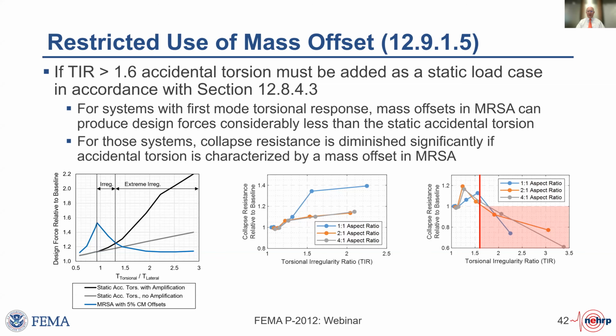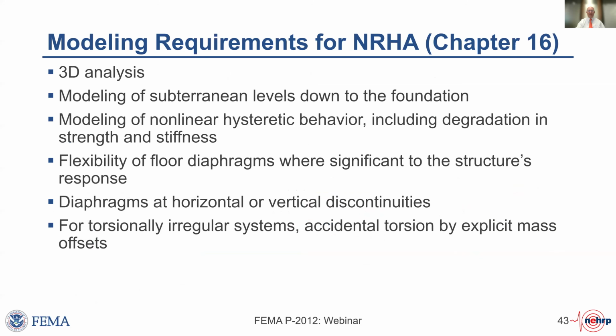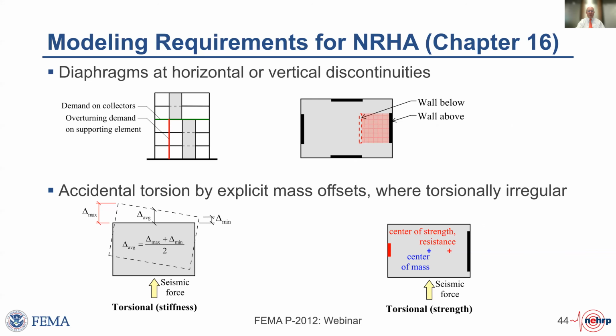So there are some limits that say you actually have to use a static characterization of accidental torsion in some instances. And I won't go through all of the detailed modeling requirements for nonlinear response history analysis. They're in chapter 16, but for time, we'll move on to our next poll question.